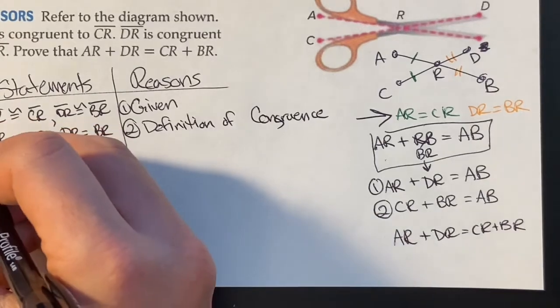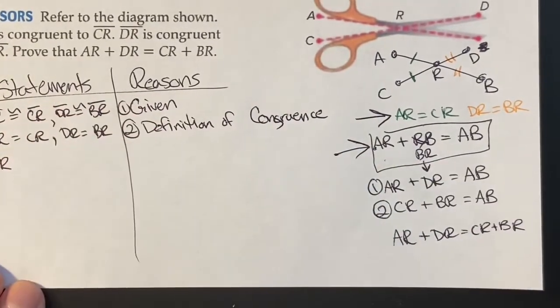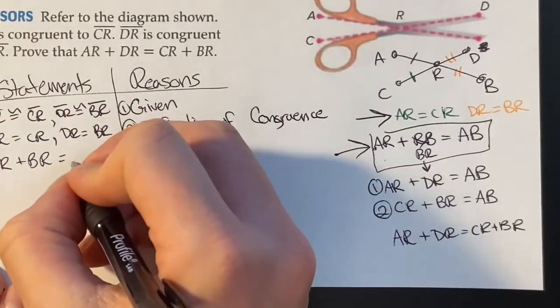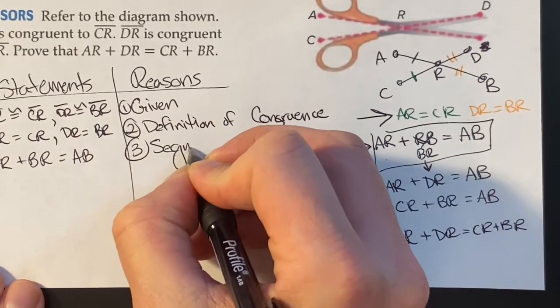Using this guy right here, I can say that AR plus BR equals AB. And that's the segment addition postulate.